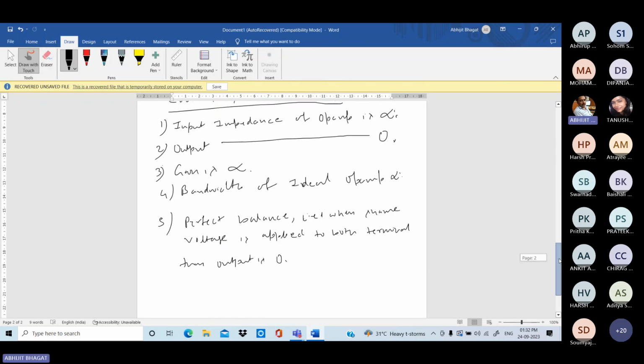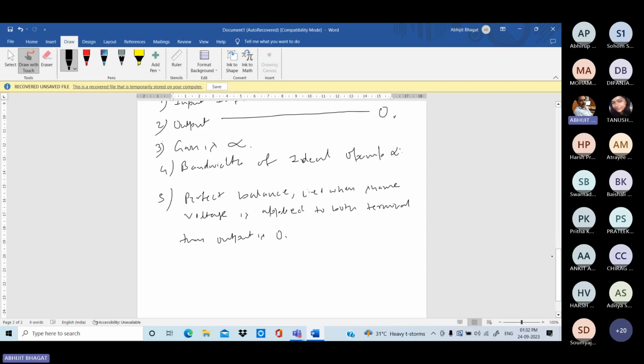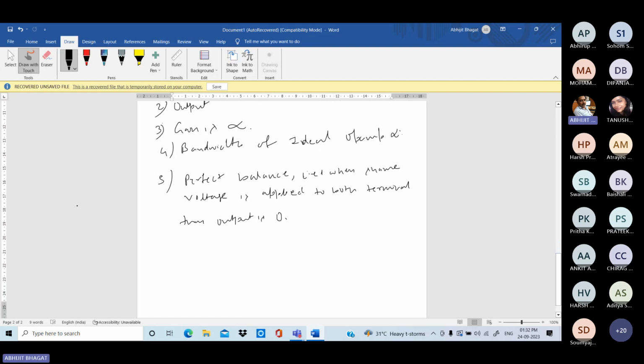Then I will explain. Perfect balance is what? In case of an op-amp, this is the minus terminal, this is the plus terminal. Suppose this is V1, this is V2.